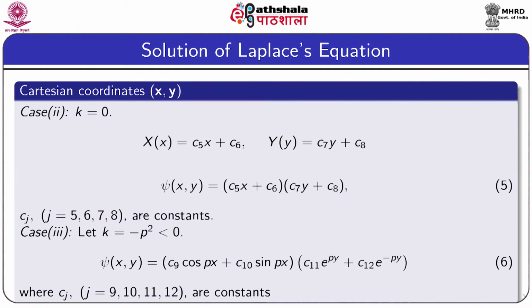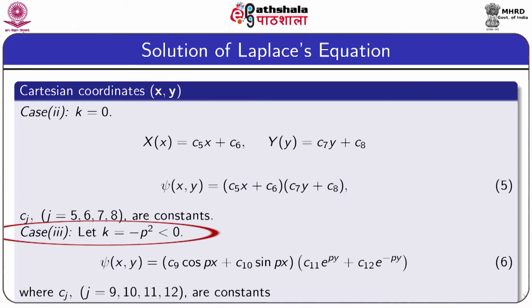So, its solution is C7 y plus C8. So, psi becomes (C5 x plus C6) times (C7 y plus C8), where Cj's for j equals 5, 6, 7, 8 are constants. So, the case left is when k is a negative number.